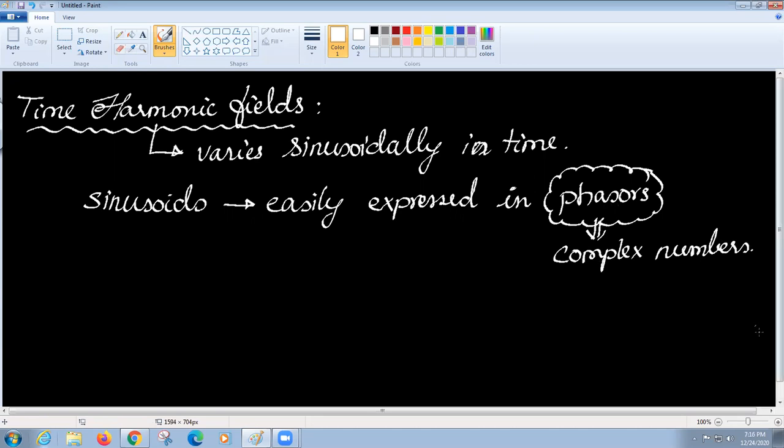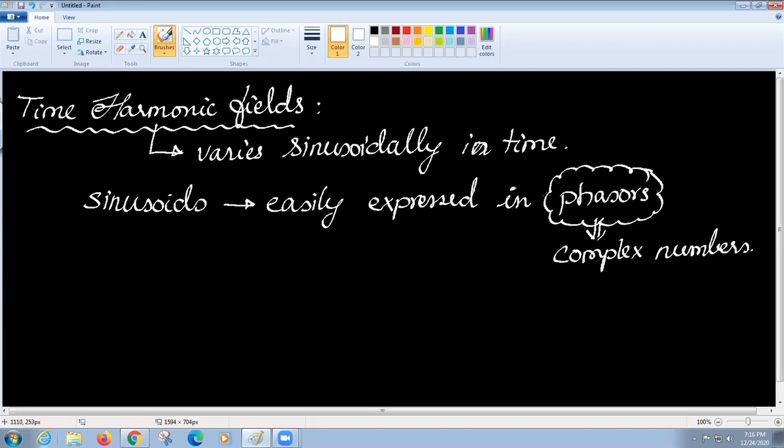When sinusoids are easily expressed in the form of phasors, now using these phasors, mathematics becomes really simple. Before applying phasors to electromagnetic fields, it is worthwhile to have a brief review of the concept of phasor.